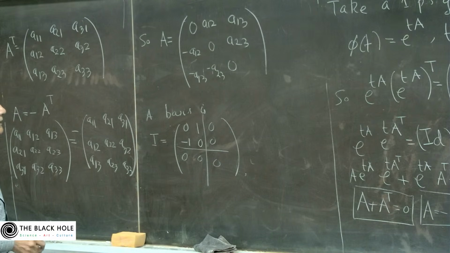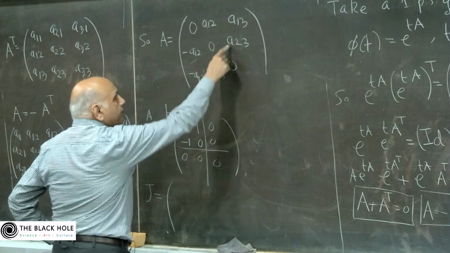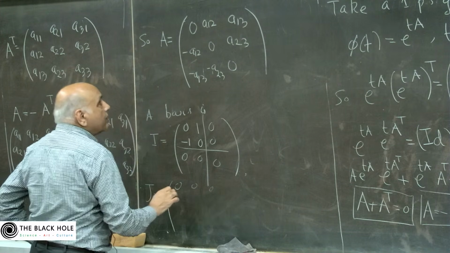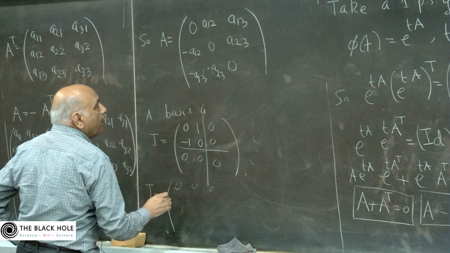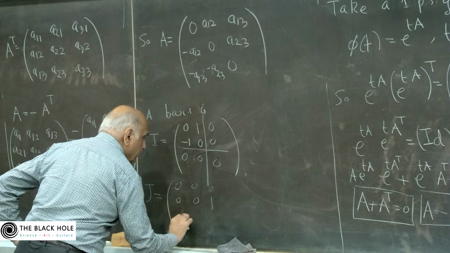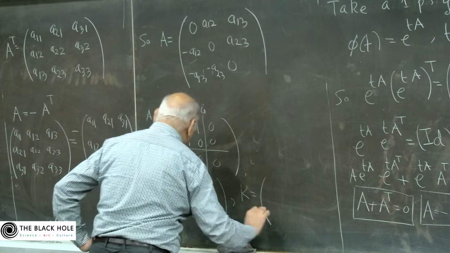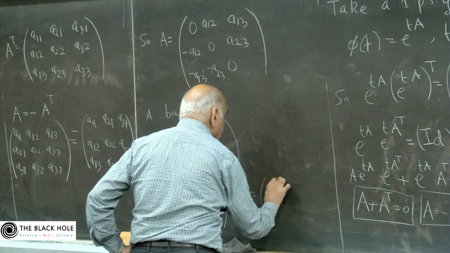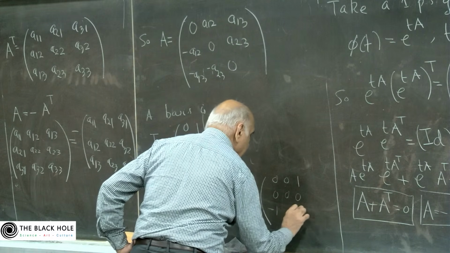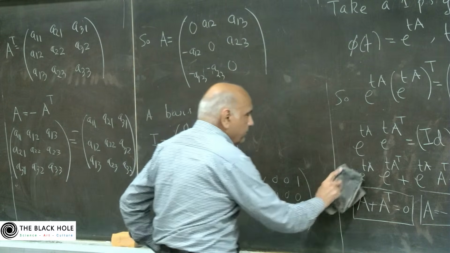And J is 0, 0, 0, 0, 0, 1, 0, minus 1, 0, and K is 0, 0, 1, 0, 0, 0, minus 1, 0, 0.